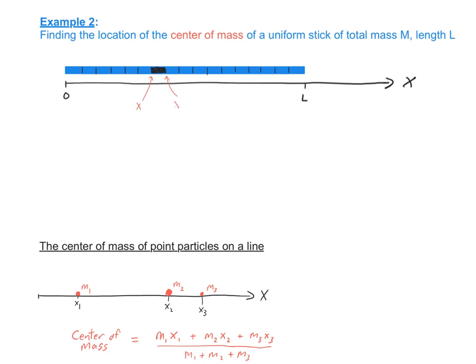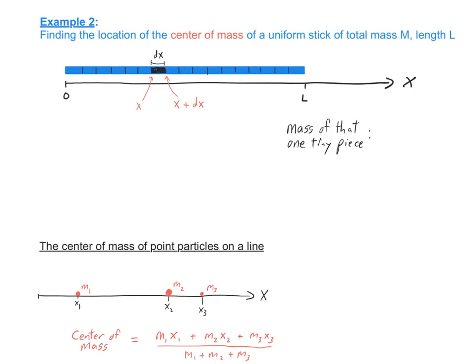So I'm going to call the horizontal location of that right edge x plus a tiny little amount, which I'm going to note dx. So dx here represents a tiny little amount. In other words, it's the width of that piece. So if you like, I could say the width of that one little piece is dx.